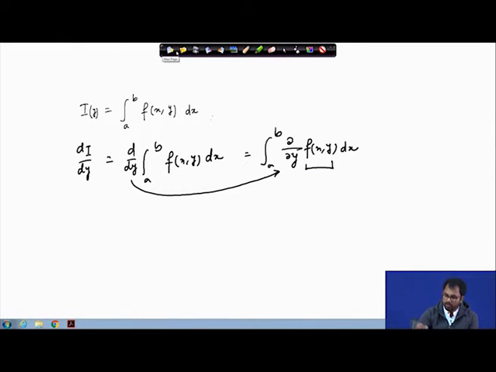We will continue with a similar topic, which is differentiation under the integral sign, and we will now state an important theorem in that respect.